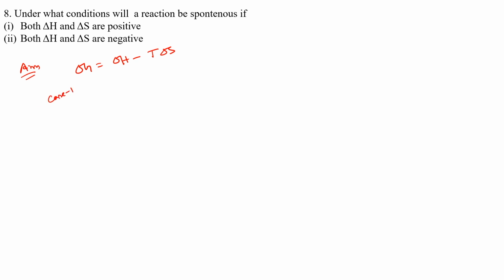Case 1, when delta H is negative and delta S is positive. In this case delta G is less than 0 always, and the process is spontaneous.